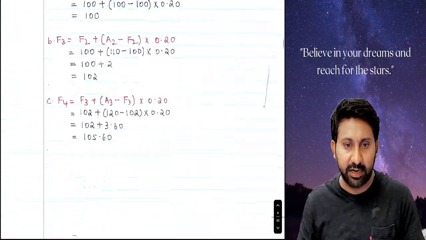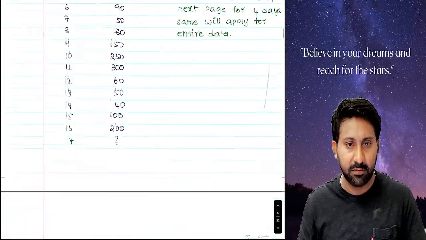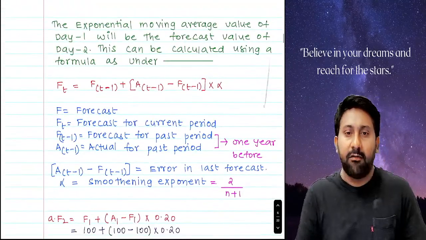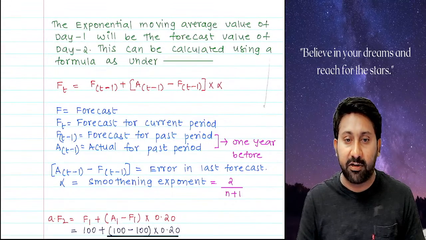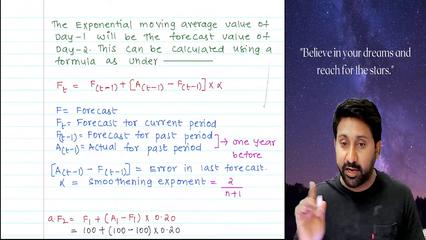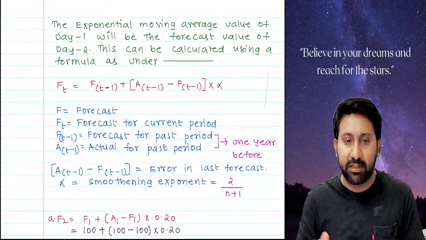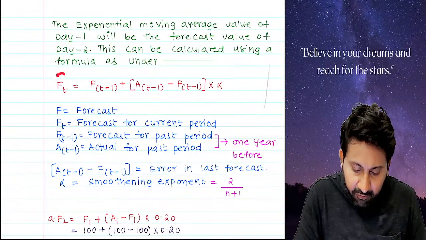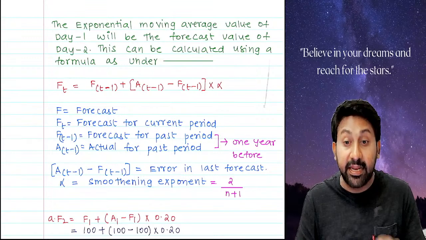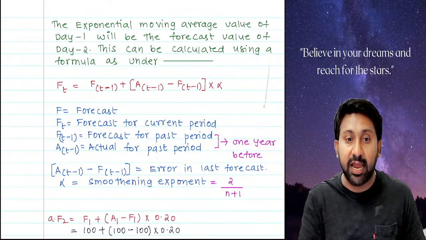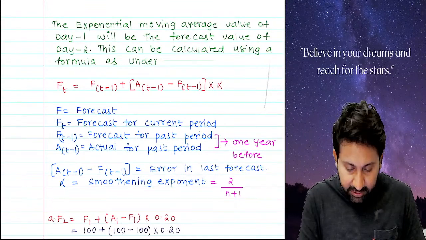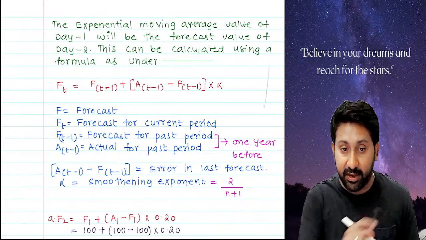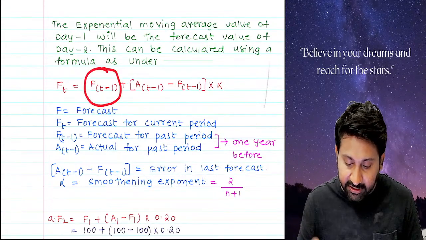Okay, let's take this. Whenever a question on exponential moving average comes in the exam, always remember one thing. This is the formula. First, the forecast for the T day means the forecast for a day depends on the forecasted price of the previous day. This is called T minus 1.